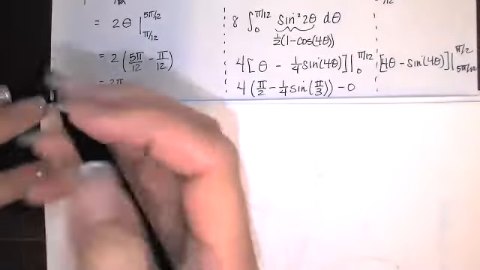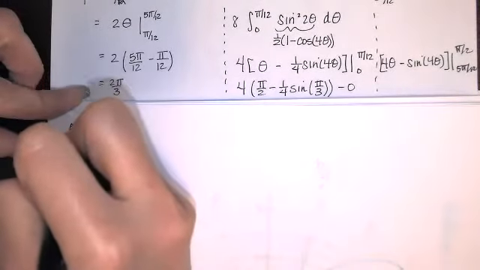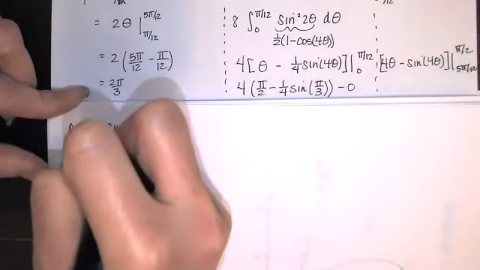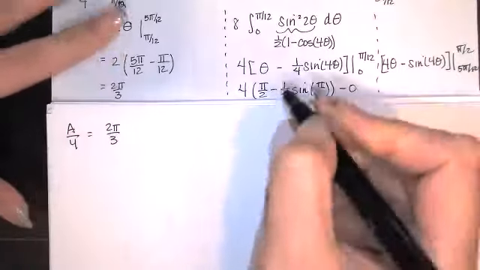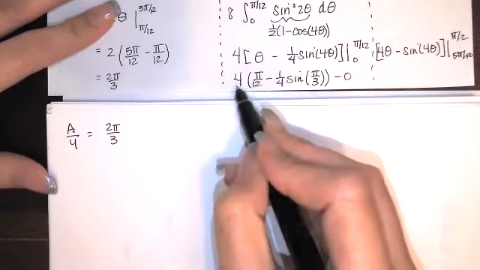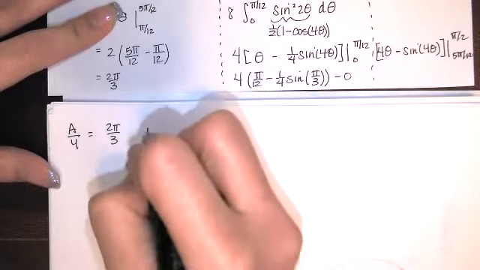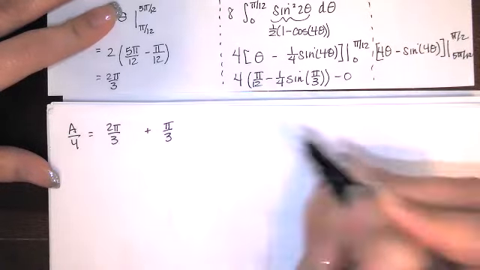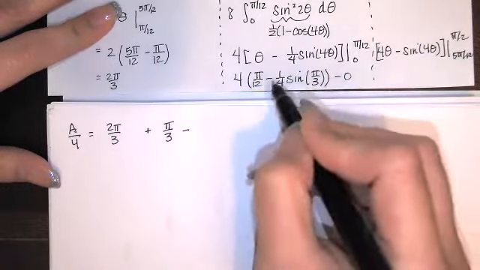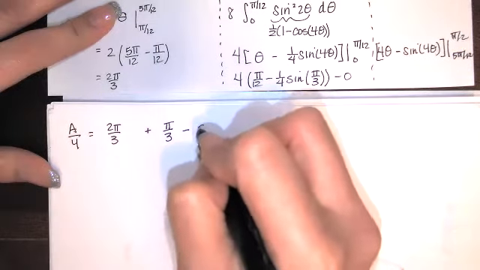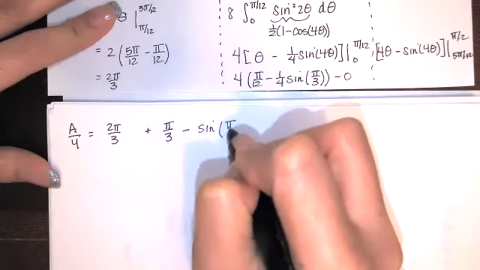I've got 1/4 of the area is 2 pi over 3. And then if I distribute, it should be a pi over 12. This 4 here, 4 times pi over 12 is pi over 3. And then I'm subtracting sine of pi over 3, which I'll leave alone for right now.